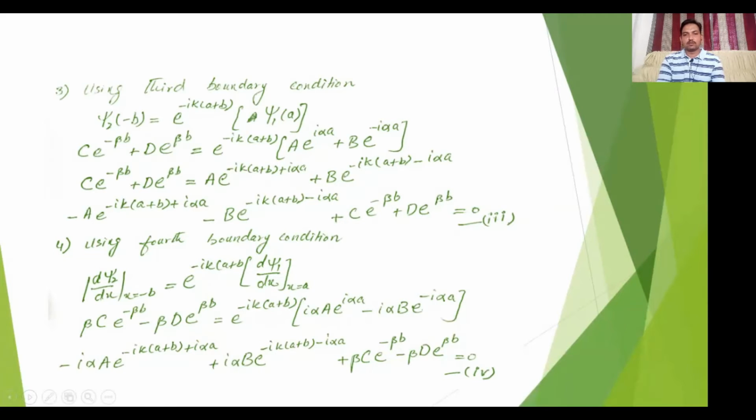So take the derivatives and then put x is equal to minus b on the left hand side and x is equal to a on the right hand side, you get this relationship, and rearranging all the terms on the left side and putting them equal to 0, you get equation 4. So you have 4 equations equal to 0.